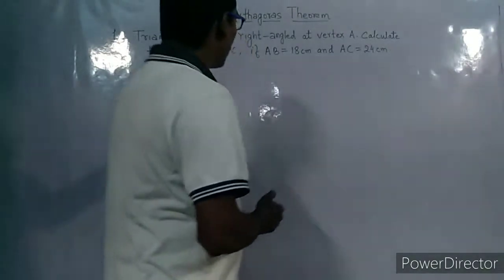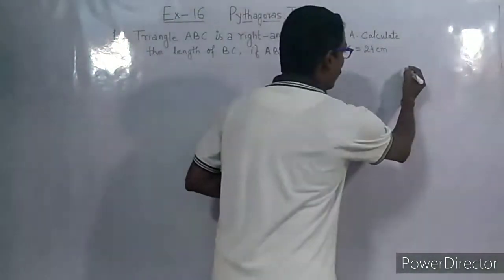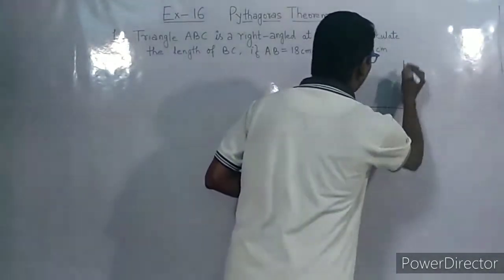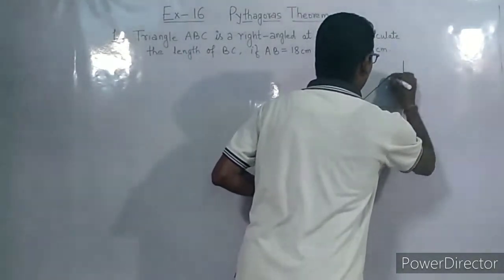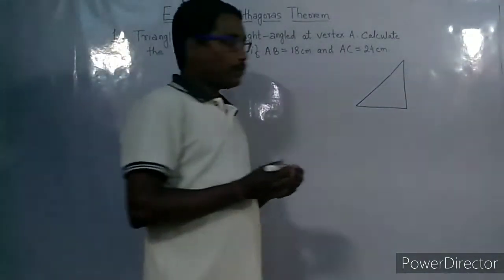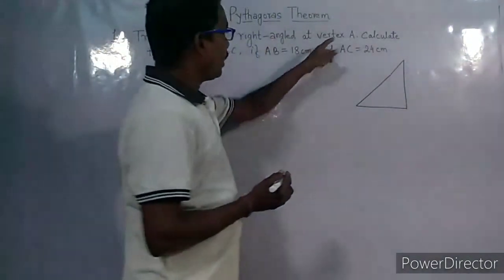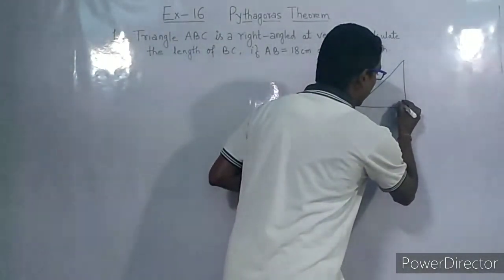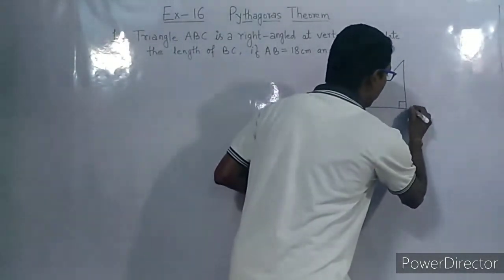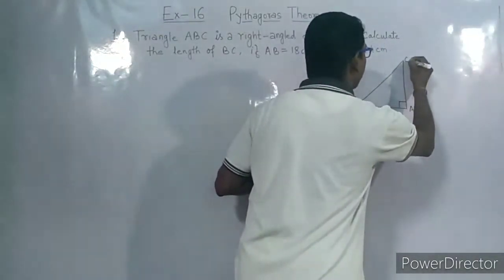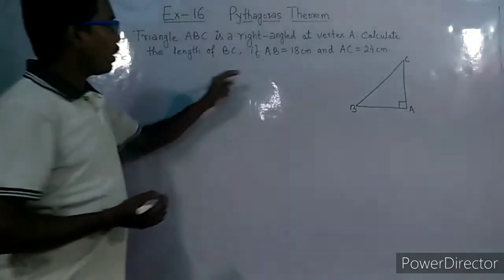So, to solve this, you will draw one right angle triangle like this. This is a right angle triangle and we will mark vertex A, B and C. Here the values are given.